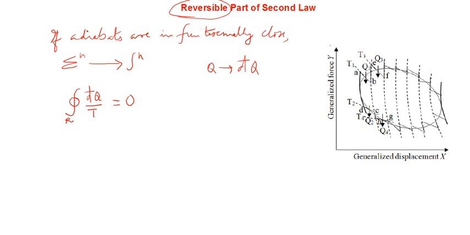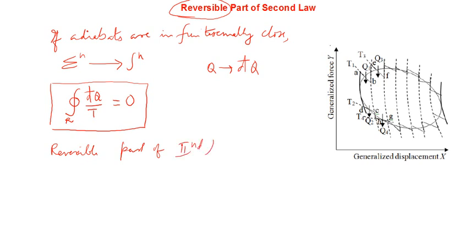Now we have come to a very important result, and I think you can recall it. You have already seen this in the introductory video on the Clausius statement, the mathematical statement of the second law. This equation is what is known as the reversible part of the second law of thermodynamics, better known as the Clausius theorem.